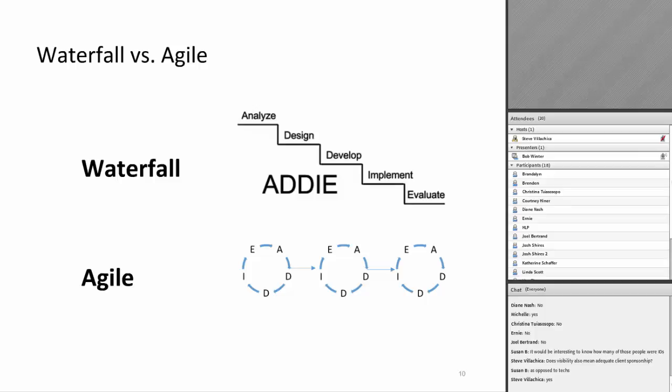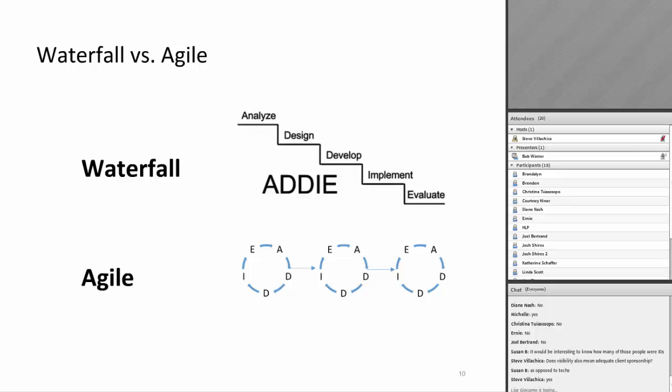So you have small development iterations that go on, and there could be a whole bunch of them strung together to achieve the same thing as one big waterfall project would. So you could think of it as a little mini ADDIE cycle that happens every 2 weeks. At the end of the 2 weeks, you look at what you did, and then you figure out what to do next, right? It gives you ample opportunity to adjust along the way.